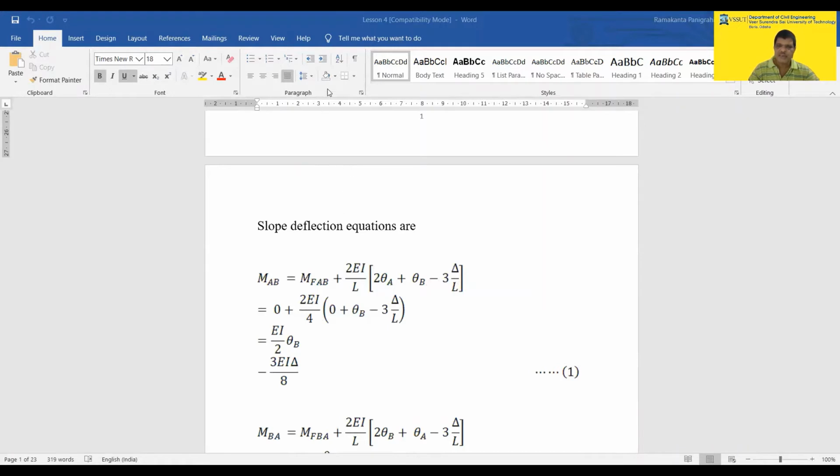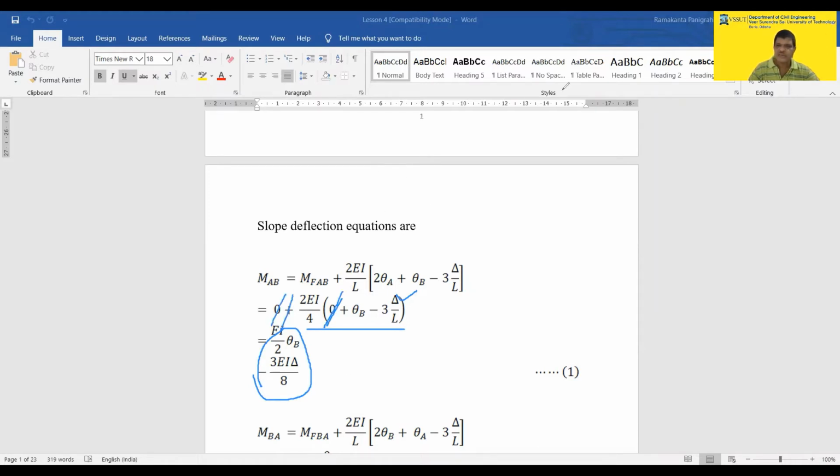So this value comes out to be EI theta B by 2 minus 3EI delta by 8. So the delta term will come here, with L equal to 8. So sway is now considered here, and theta A is equal to 0.